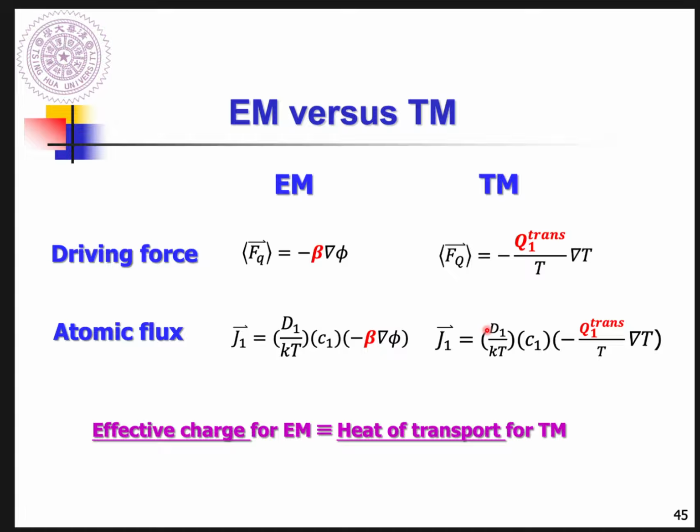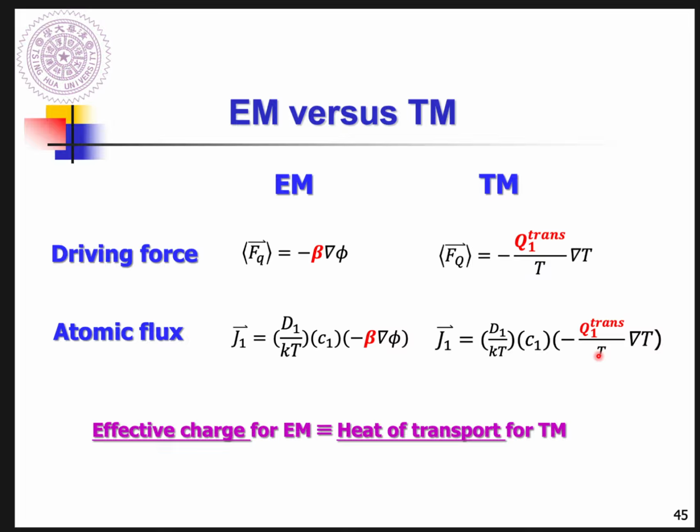And for the thermal migration part, in order to make it easy to remember, we simplify. We put two terms together and call them the heat of transport. So as long as you have thermal migration happening in your system, you need to multiply by the heat of transport to modify your driving force. And in the meantime, the atomic flow needs to be modified as well.